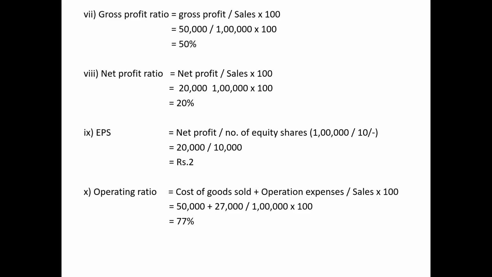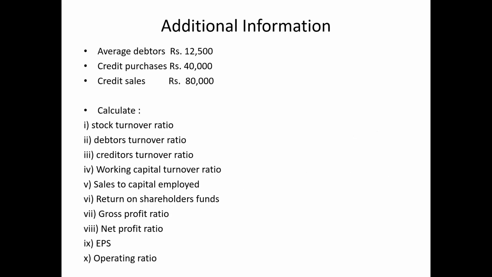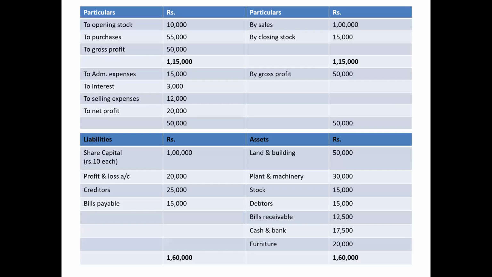The next ratio is earning per share, EPS, right? Earning per share means earning per share to equity shareholders out of the profit remaining. So net profit divided by number of equity shares. Now how do we calculate the number of equity shares? Go to the balance sheet. It is given clearly. Share capital is 1 lakh and each share is of 10 rupees. Divide, and you get the number of equity shares. So 1 lakh divided by 10.